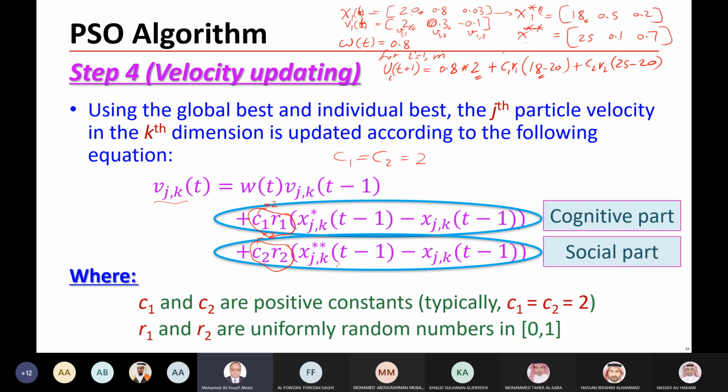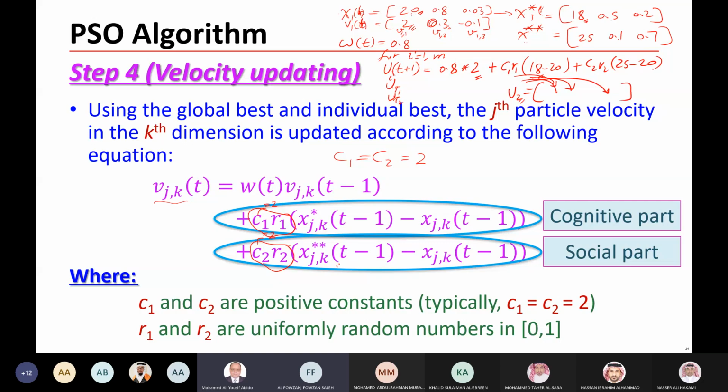V in the third dimension, and so on. You have a velocity in the first dimension, you have a velocity in the second dimension. So if you calculate these three values, then you get the V2. Now V2 is, you have it here. Okay, so this is the updated velocity.